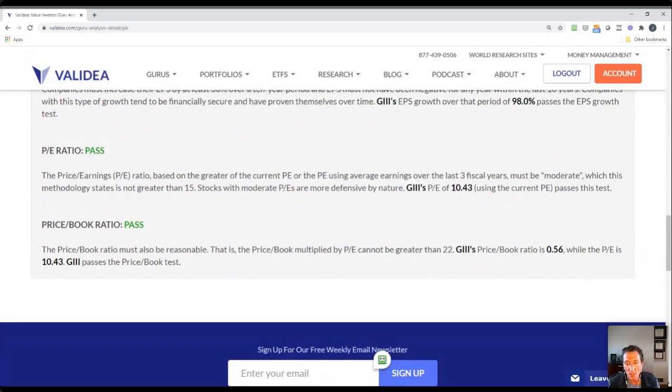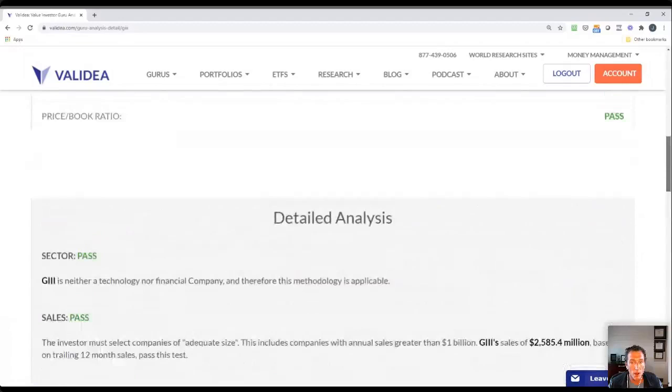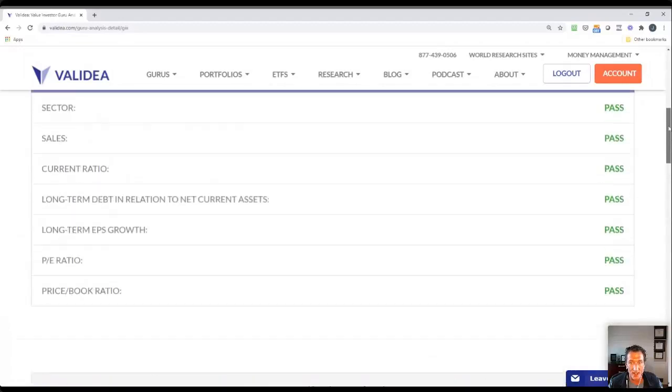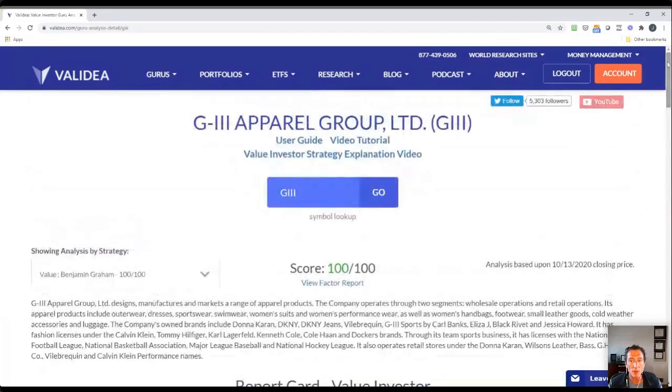In this case, the company's price to book ratio is 0.56. The PE is 10.4, as we know. And when you multiply those, you get below 22. So that's the Graham model. For those investors looking for beaten down cheap stocks, if you find that your stock passes the Graham strategy with 80, 90, or 100%, it's certainly got some value there.